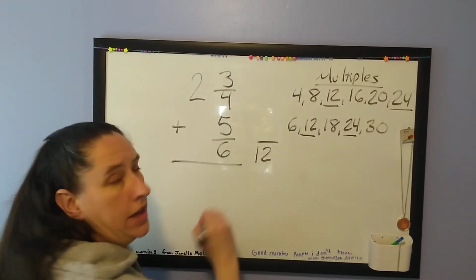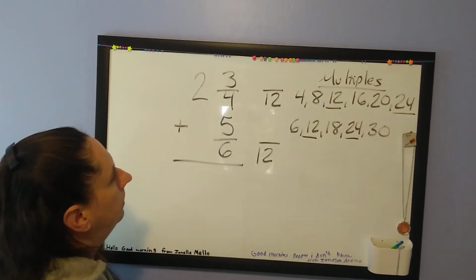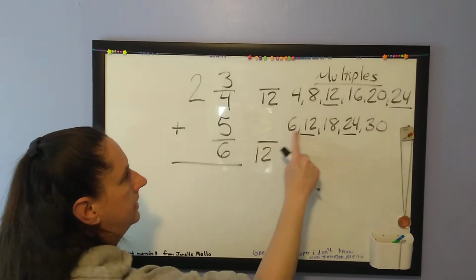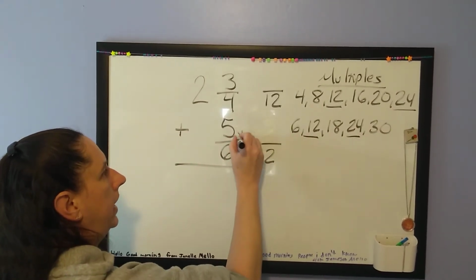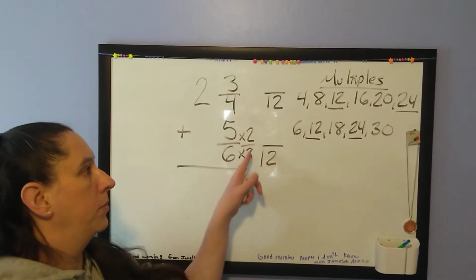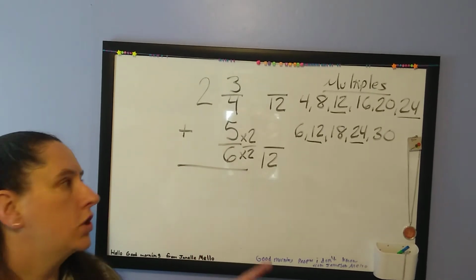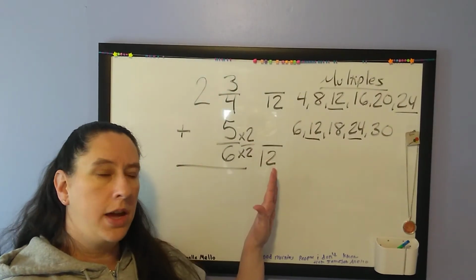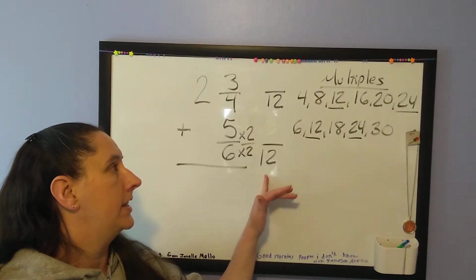12 will now be our new common denominator. Okay, so how many 6s did it take to get to 12? It took 2. What I do to the bottom, I do to the top. This is a form of 1 because remember, we have the same numerator and denominator. I'm changing the name that we're going to call it, but I'm not changing its value. It's still going to mean 5/6.